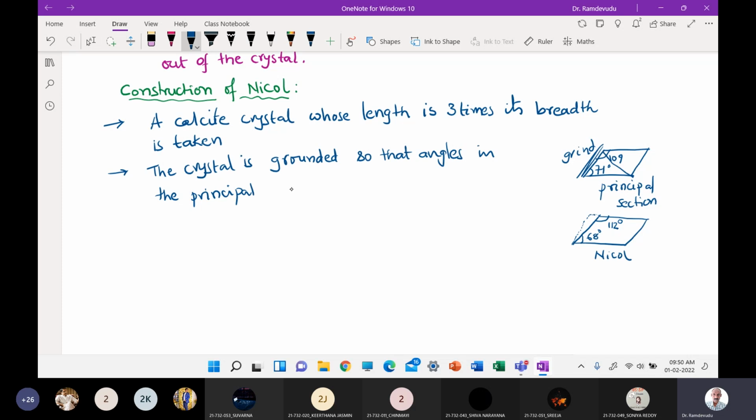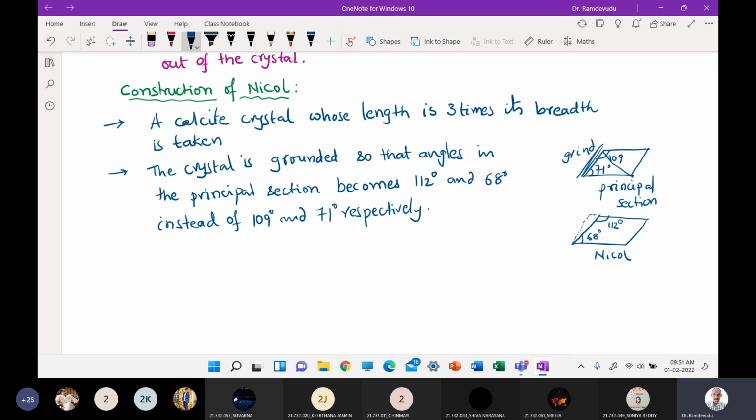So we change them into these, and what we are doing is to increase the field of view.